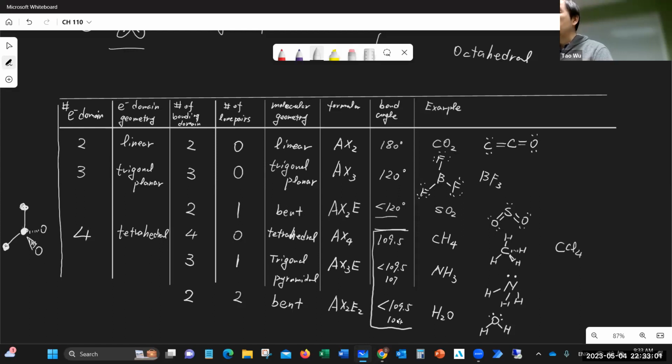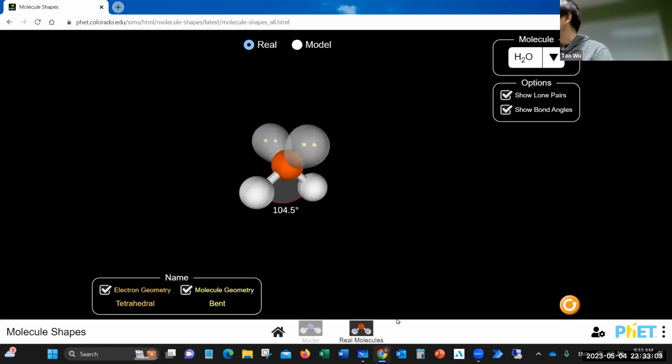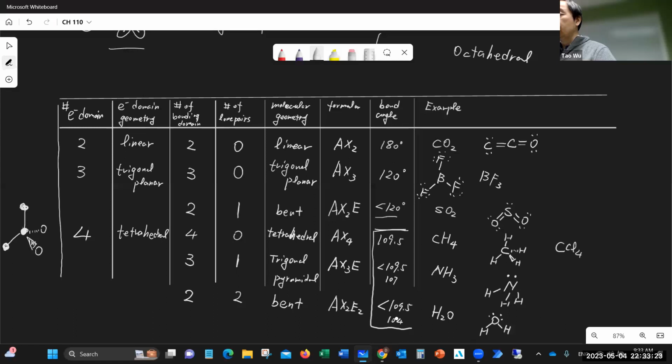The lone pairs occupy much more space than the bonds, so they have a bigger ability to push the bonds closer together, making the angle smaller.